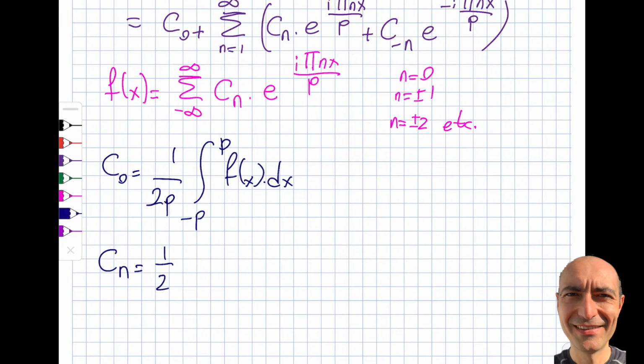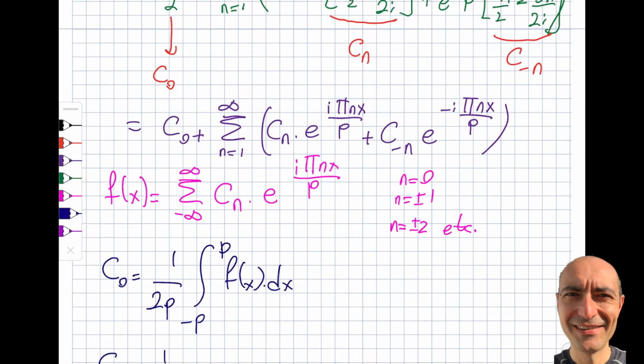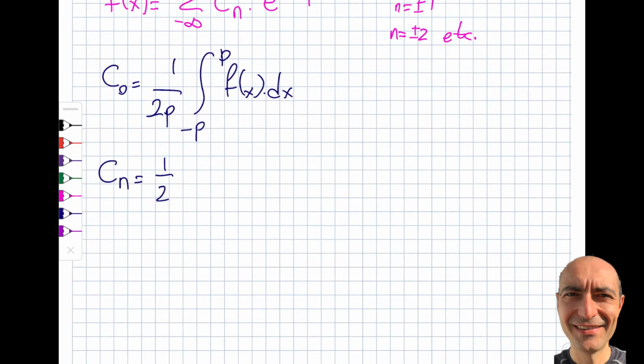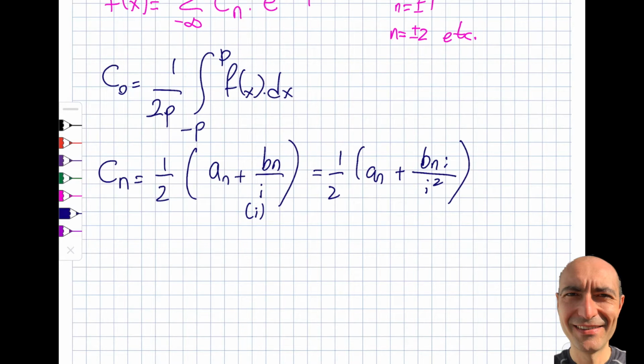I'm simply rewriting that, okay? I just take it in one half parentheses. An plus bn by i, right? That's what I have. So I'm simply multiplying by i. So plus bn i divided by i squared, okay? So what is i squared then? That's minus 1, right? So then I can write this way, 1 half, an minus bn i.